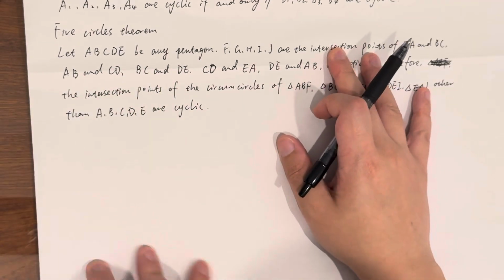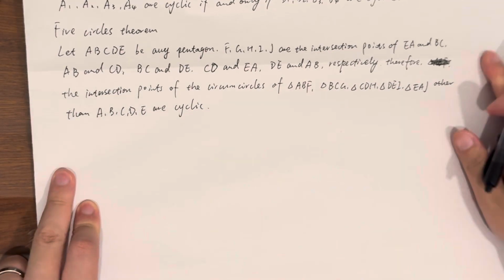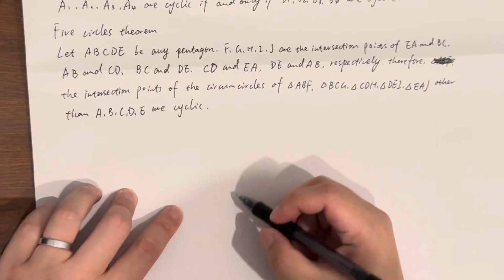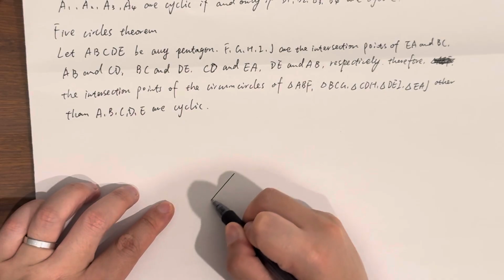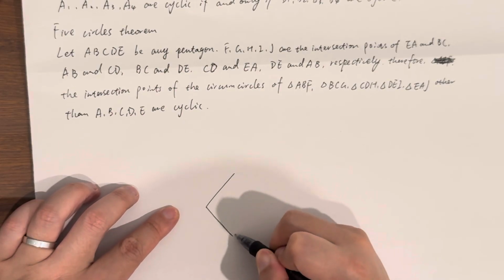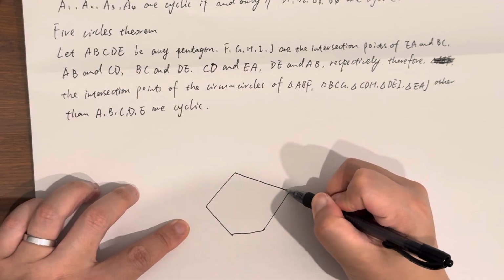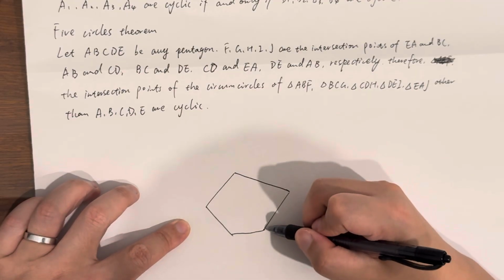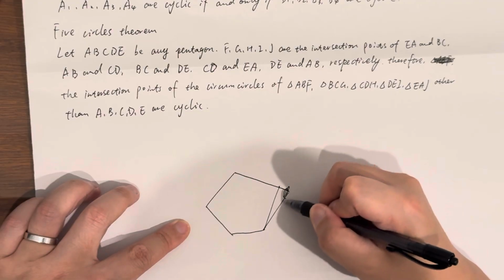Five-circle theorem. Let A, B, C, D, E be any pentagon. Actually, I'll draw it like this.